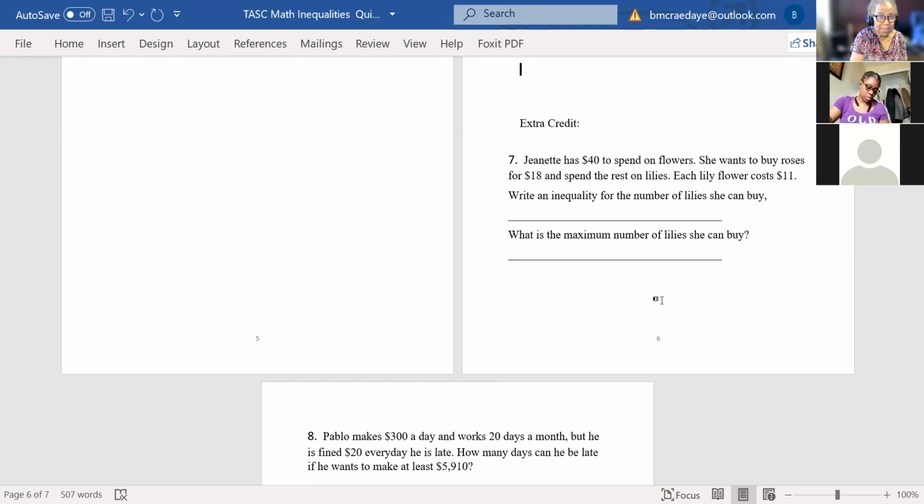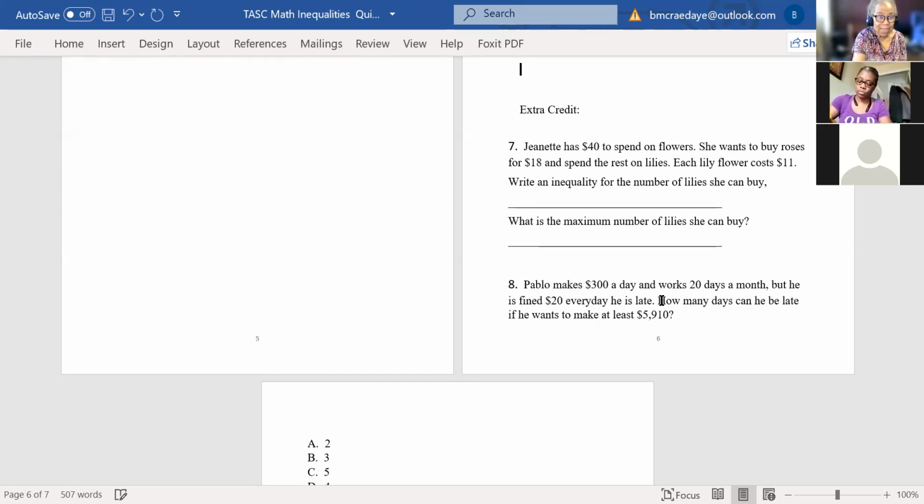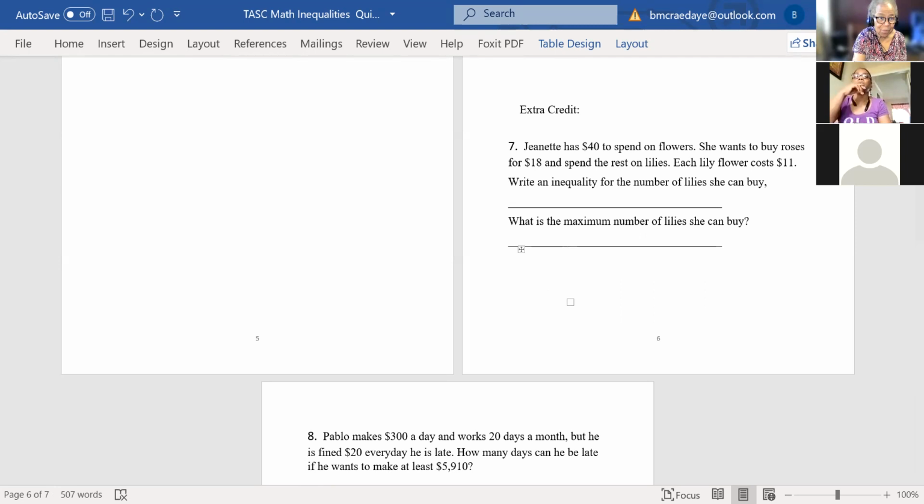Now, what's our budget? $40. So what's the inequality symbol? She wants to spend no more. She has $40 to spend.